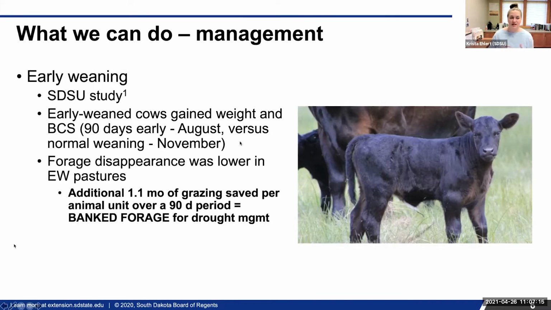What they found was that forage disappearance was lower in early weaned pastures, and that amounted to an additional 1 month or so of grazing saved per animal unit over a 90-day period. And what that means is that's banked forage then, particularly under a drought scenario. And doing this also reduces the need to cull your cow herd to balance your forage supply.